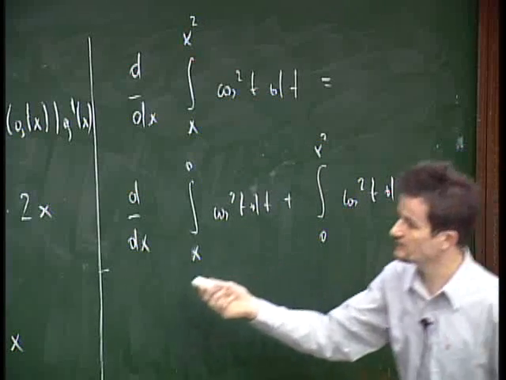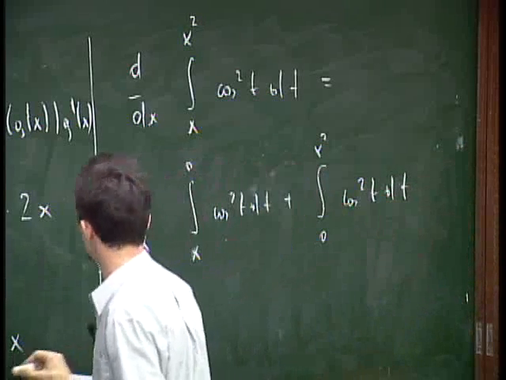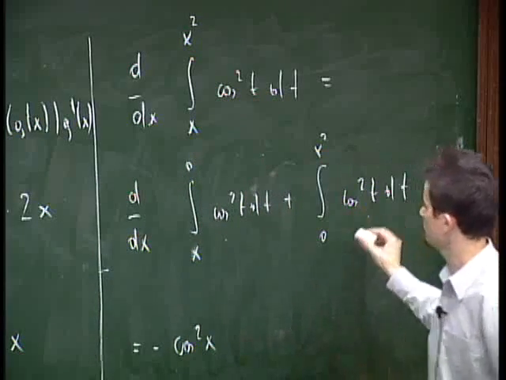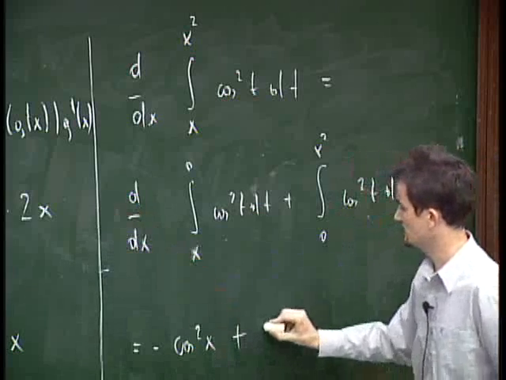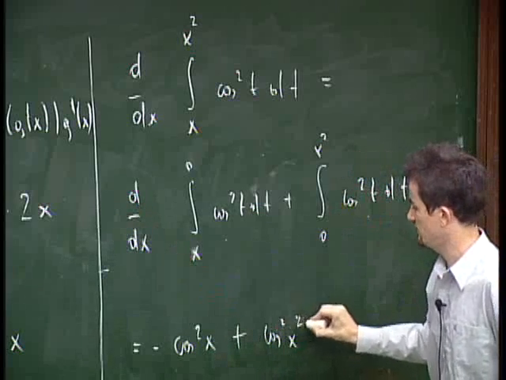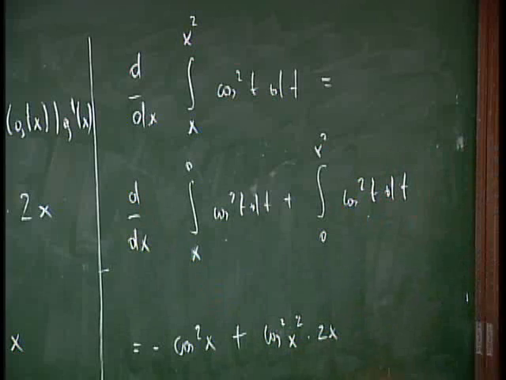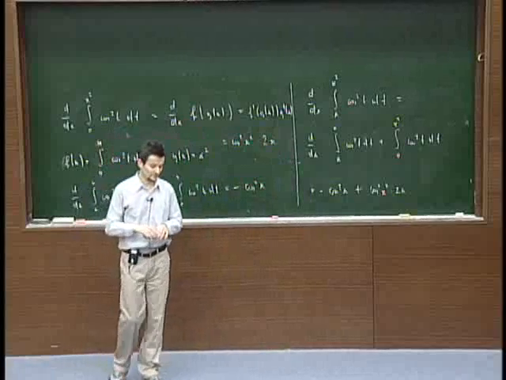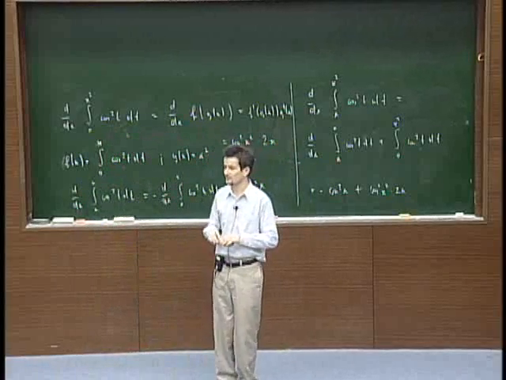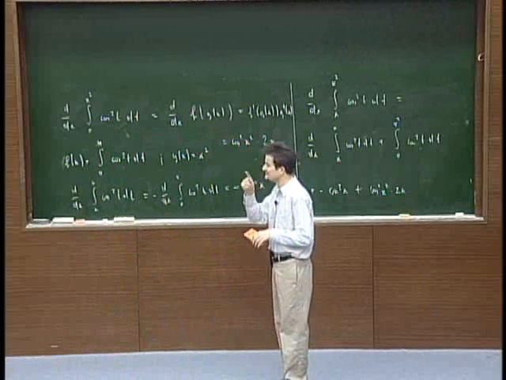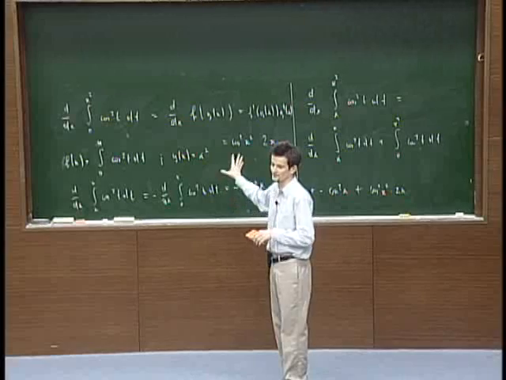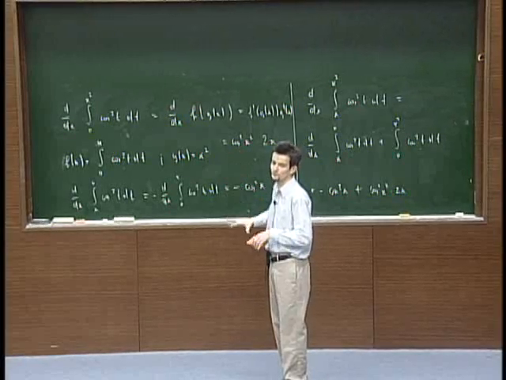We saw already the derivative of the first function, which is minus the cosine square of x, and the derivative of the second function we computed here, so it's cosine square of x squared times 2x. This is something you should really understand, because I know from experience that every year in the Heu-Kau there's at least one example, and sometimes we had even up to 5 examples, where we essentially have to use this idea.